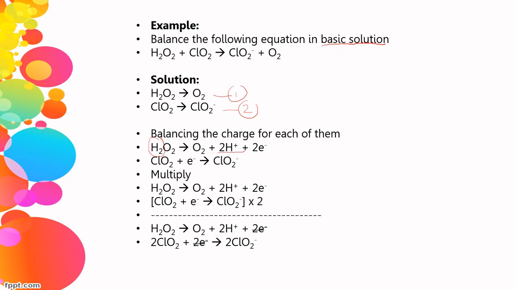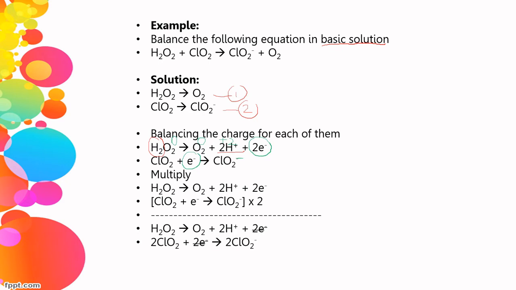After that, we need to balance the charge for each of them. Here this is 0, this is 0, this is plus 2. Because the sides are 0 and plus 2, we add 2 electrons. In the second half equation, this is minus 1, this is 0, so we need to add 1 electron.